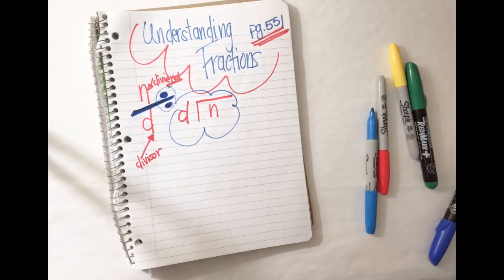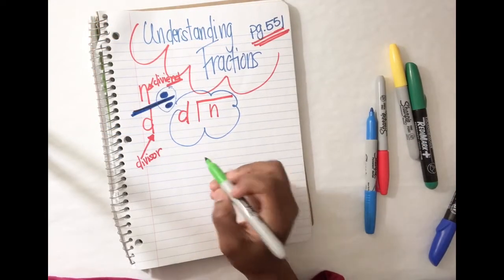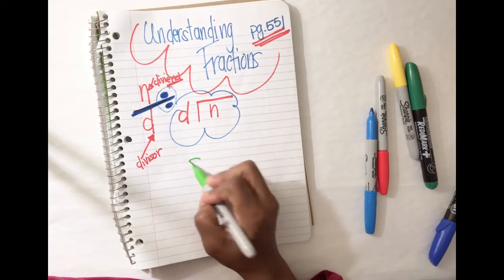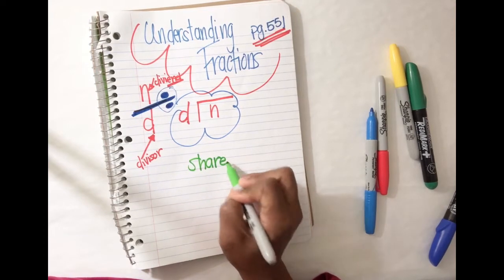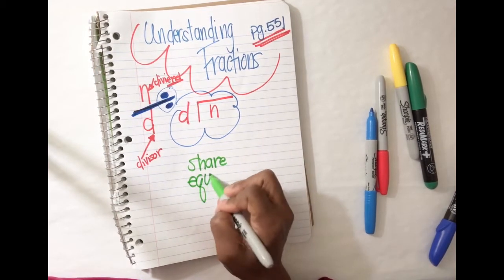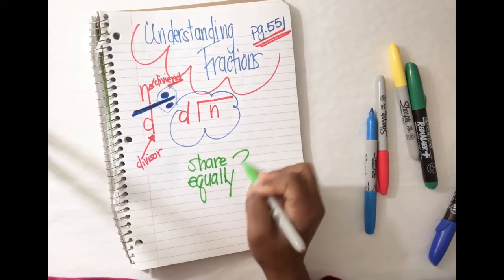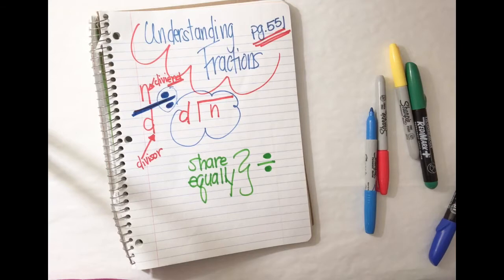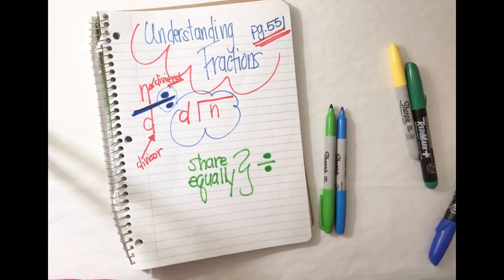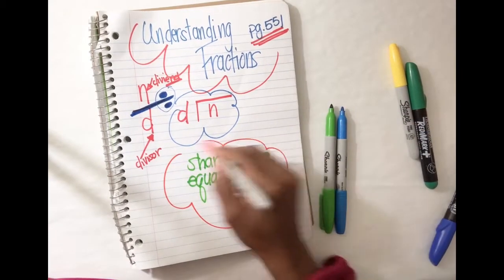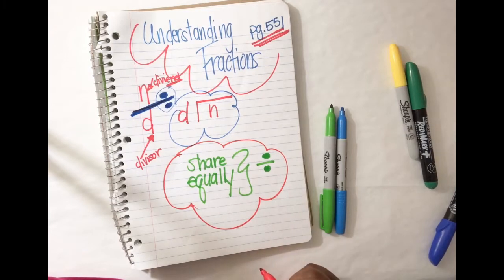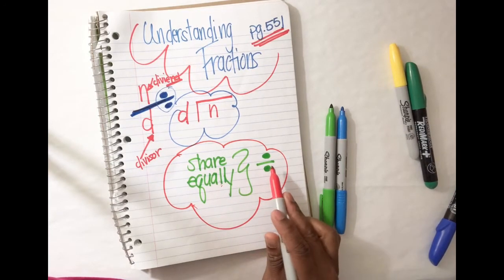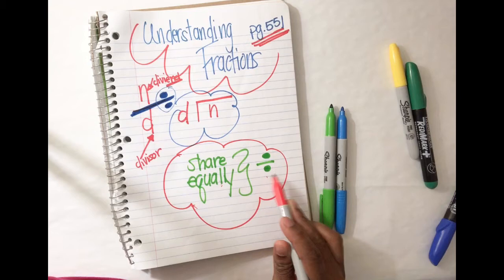I know that there's some words there that are going to hint for me to divide. It says share. Write that down. It also said equally. These are clue words that are going to let me know that division is taking place. Share and equally hint that there's going to be some sort of division.